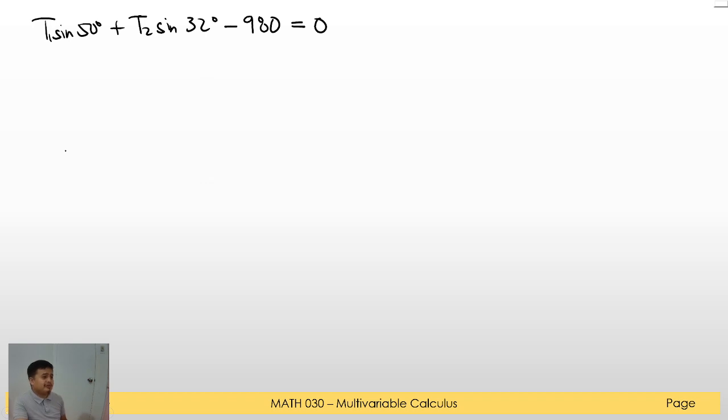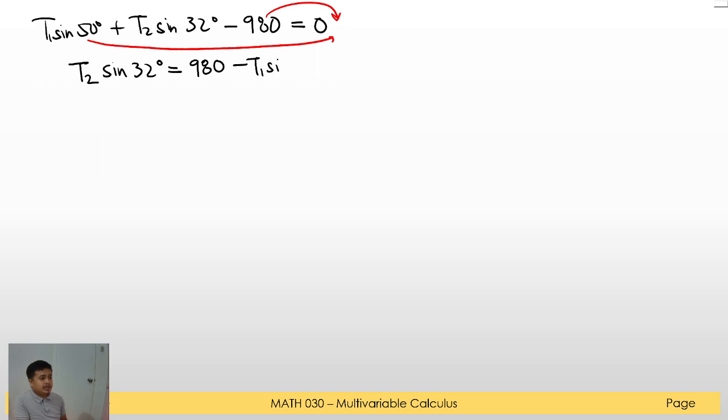Again, we can form another relationship. We could try solving for T2 here. T2 sine 32 is equal to 980 minus T1 sine 50, dividing both sides by sine 32. So T2 is equal to 980 minus T1 sine 50 over sine 32.